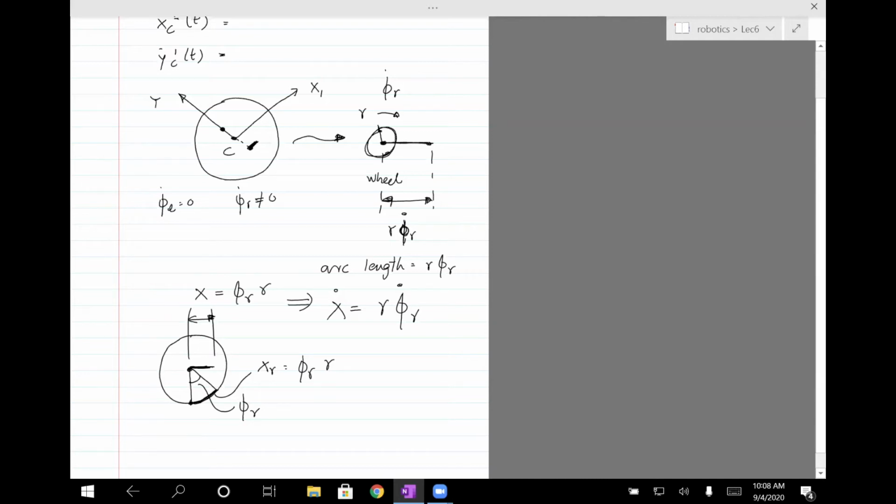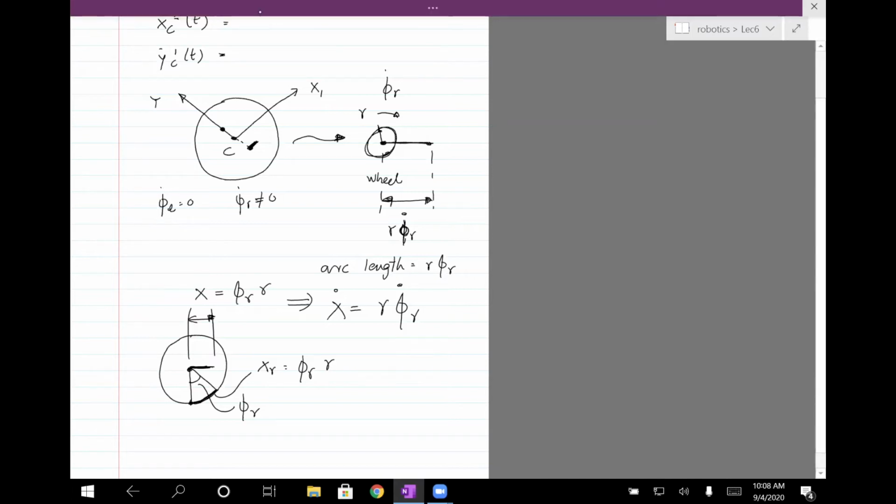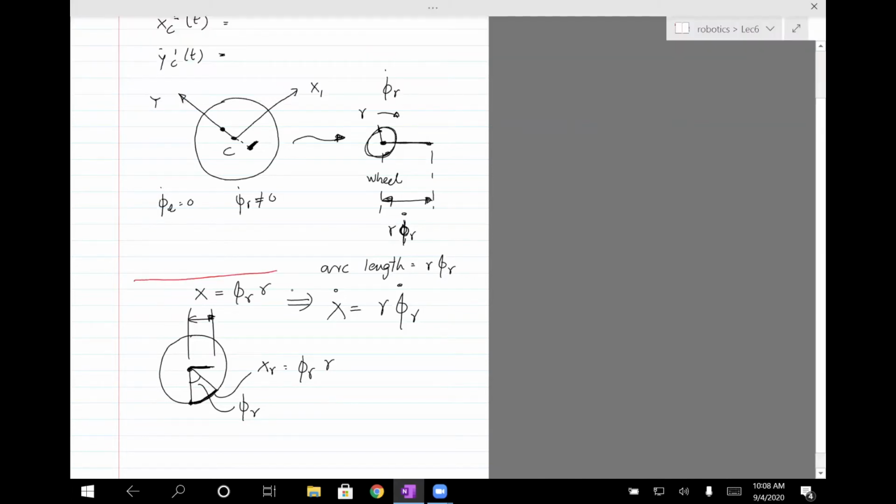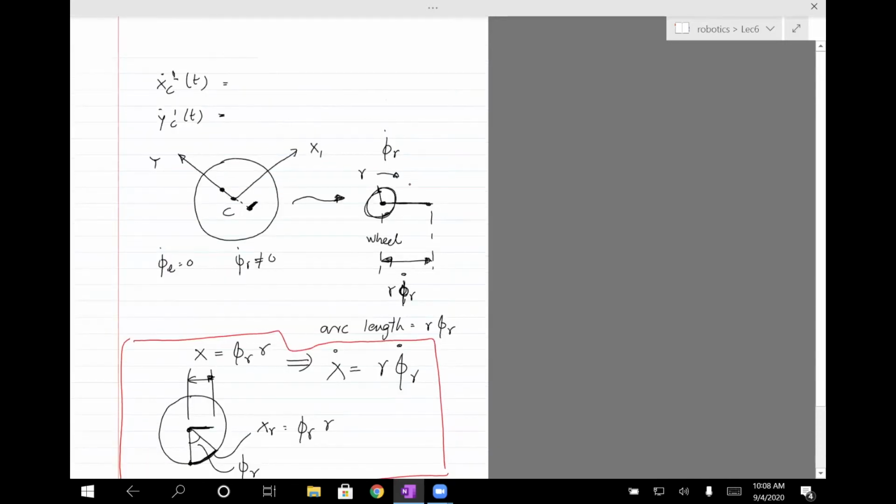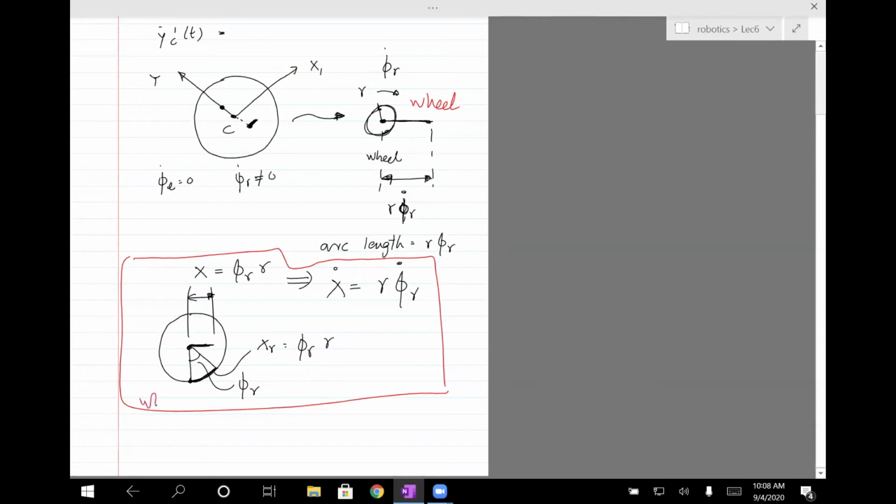Okay, but this happens to be the motion of the center. So coming back to the original figure, this is not to be confused with the wheel. So this is the wheel. This is also the wheel. And this is the car. So don't confuse the circles. They're not the same thing. This is basically showing this part of the car.